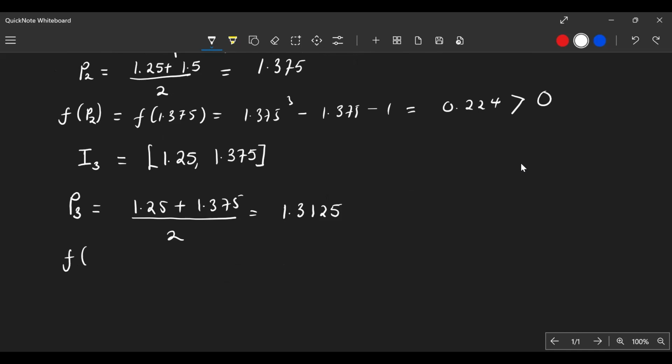So f of 1.3125. Let's see. So I have 1.3125 to the power 3 minus 1.3125 minus 1.